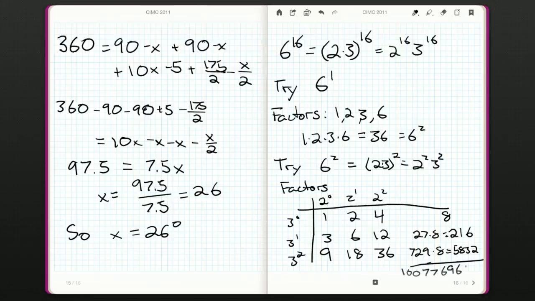out by hand, I wouldn't be able to get a good handle on this with my calculator. And out of curiosity, what is that? That's 100777696.